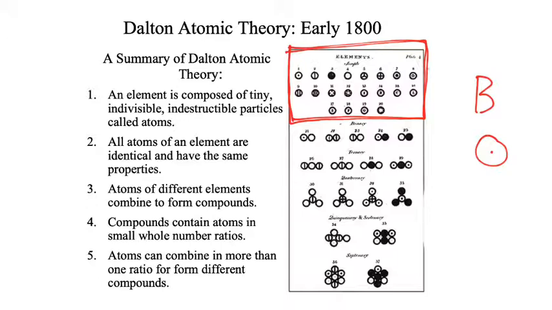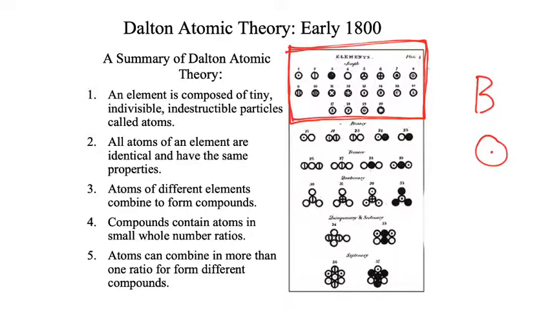Not only is it this tiny piece, but each atom is the same as every other atom of its type. So if I have a carbon atom that I pull out of carbon dioxide, a gas, and a carbon atom that I pull out of wood, those are the same atom. I can't tell the difference from where they came from. All I've got is that it's a carbon atom.